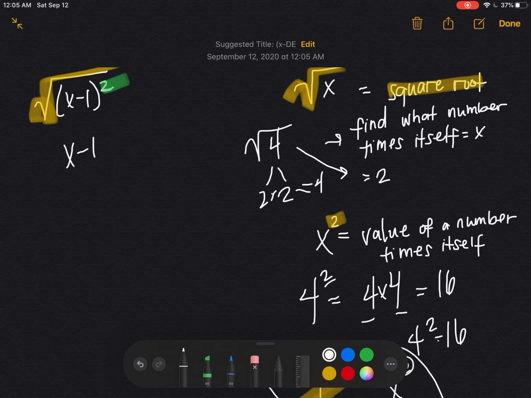So all I have left is x minus 1. Okay? So because of that, I know that I am done, and that is just sort of the simple and easy way to understand the question.